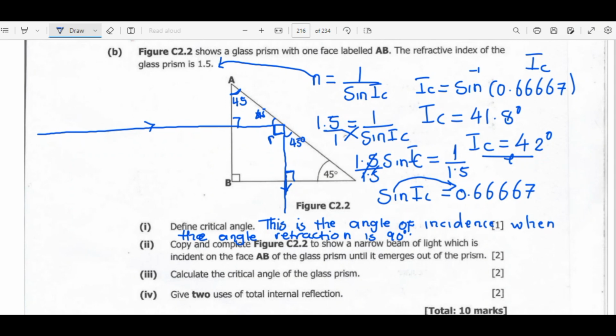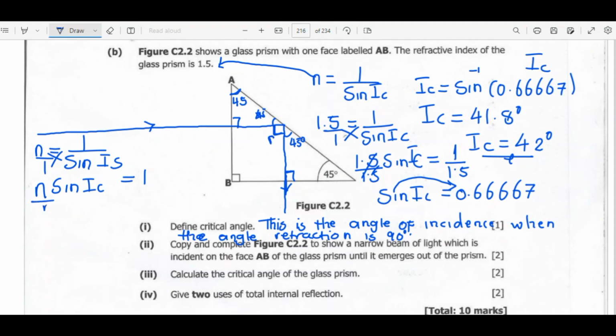Or, if we are to just make IC the subject of the formula, so this is n is equal to 1 divided by sine IC. We cross multiply, so n sine IC is equal to 1.